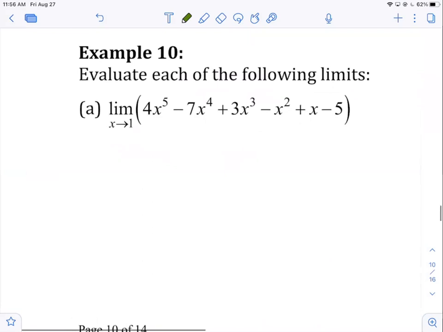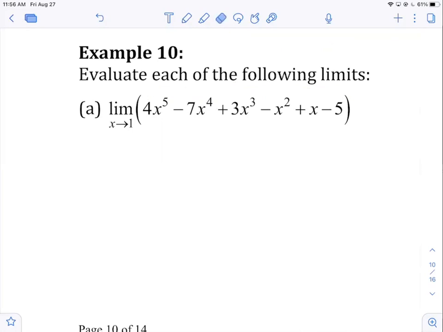What is the limit as x goes to 1 of this 5th degree polynomial? If you don't know anything about calculus, you're probably looking at that and thinking, that looks really hard. But if you're in algebra 2 and I said this function is f of x, what is f of 1? You'd say, oh, I know what to do. I'm just going to plug a 1 in for x. It's the same thing.